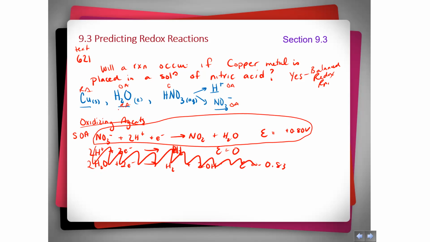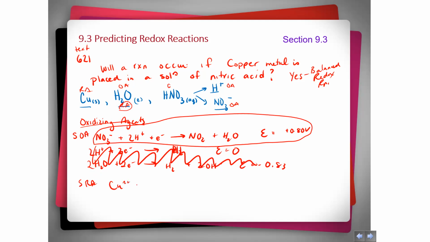Now, of my reducing agents, I've got water and I've got copper. Which one is stronger, water or copper? When you look on the table, copper solid is at plus 0.34, but water as a reducing agent is much higher. It's 1.23. So my strongest reducing agent is the copper.